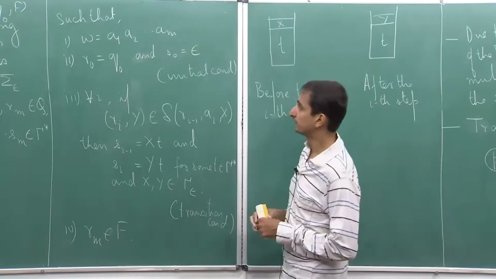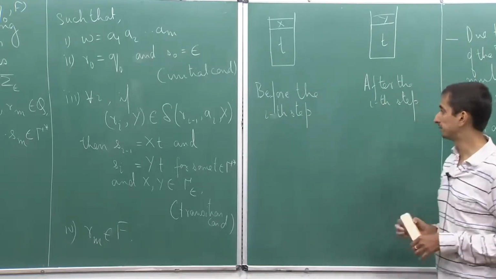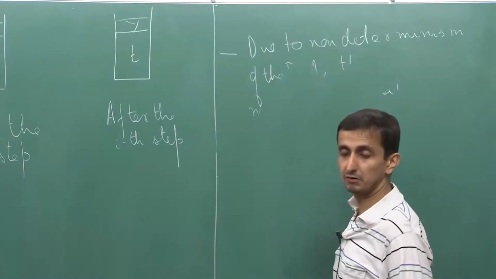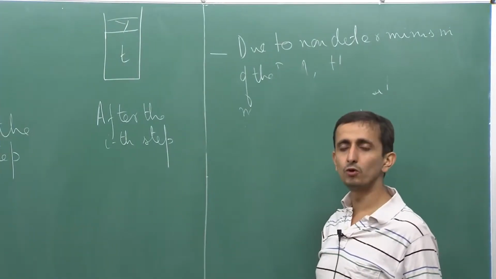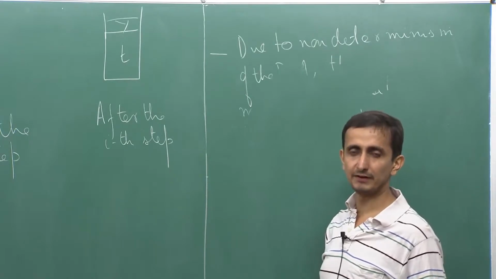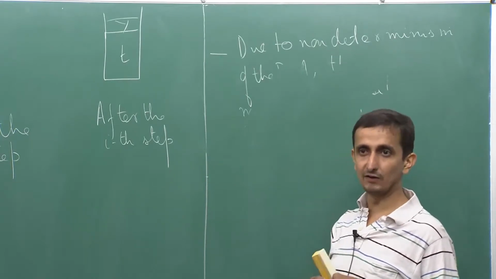Now, enough of definitions, let us look at an example. What we will show will prove that the power of push down automata is more than the power of finite automata. In other words, push down automata can accept non-regular languages.